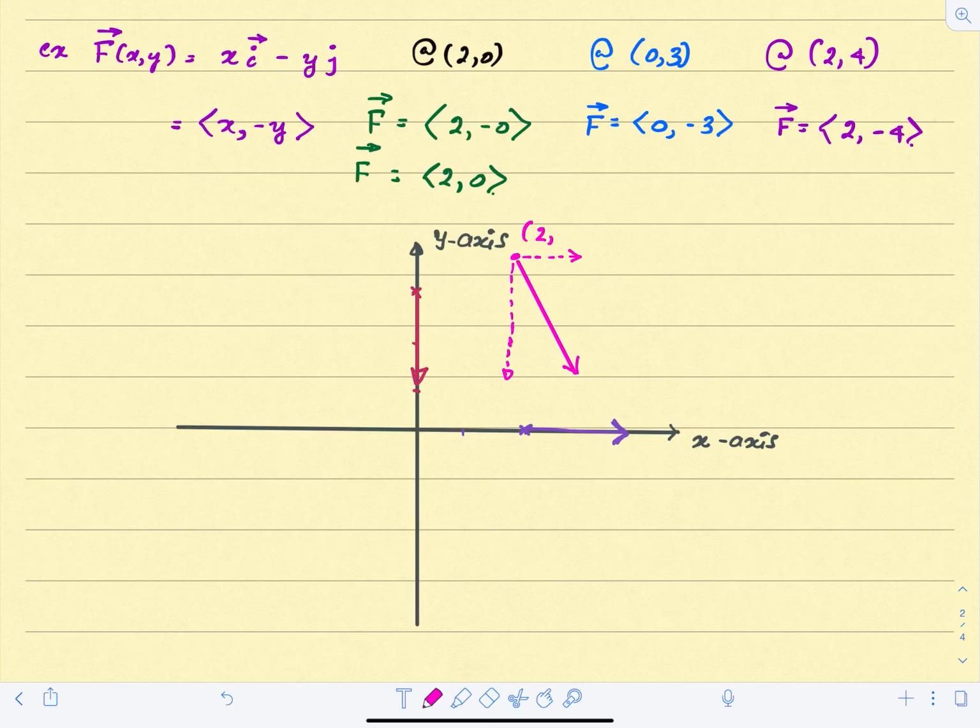Again, this is the point (2, 4), this is the point (2, 0), and here we have the point (0, 3).